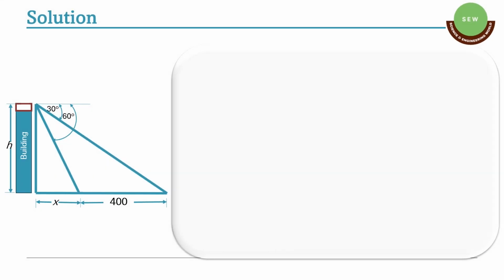With the big right-angled triangle, we now know that this is y, which is the big hypotenuse, and we can say from Pythagoras theorem that y squared will be equal to h squared plus (x plus 400) squared.